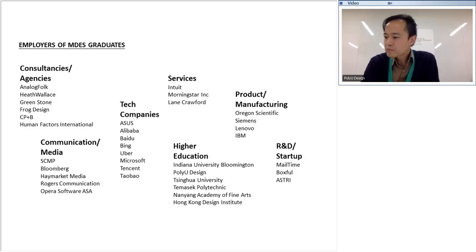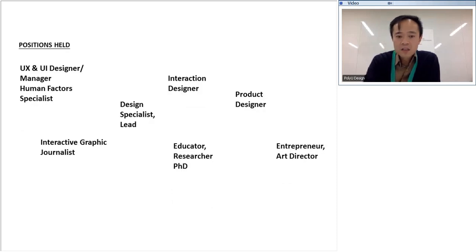And the last slide of today, you can see that UX and UI design definitely are the major positions our students might take.